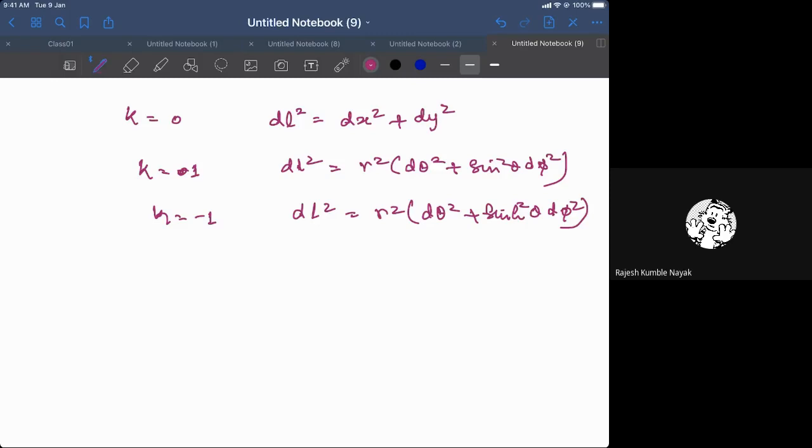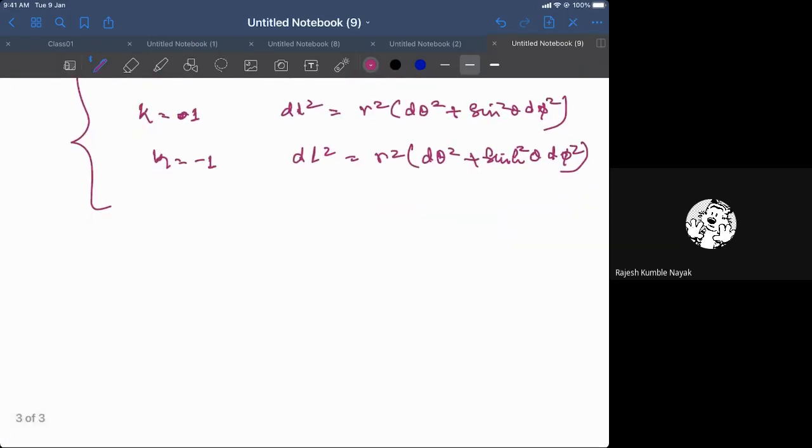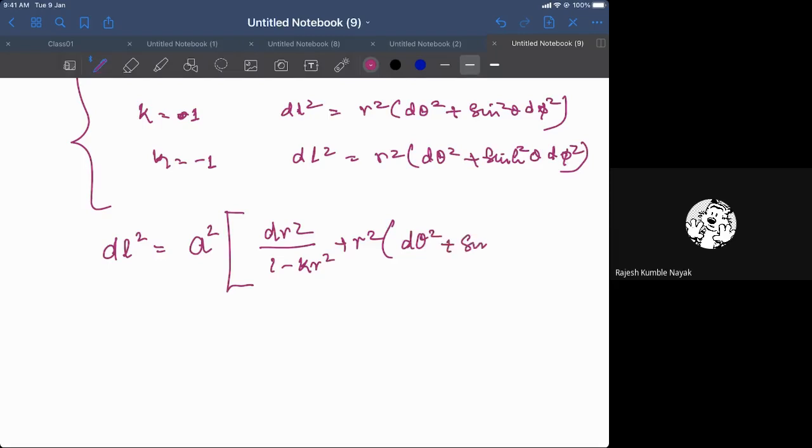So the spatial metric should be of this form to satisfy the Copernican principle. In three dimensions, to incorporate all this, you can simply write dl squared as some factor a squared times dr squared over 1 minus k r squared, plus r squared times d theta squared plus sine squared theta d phi squared.